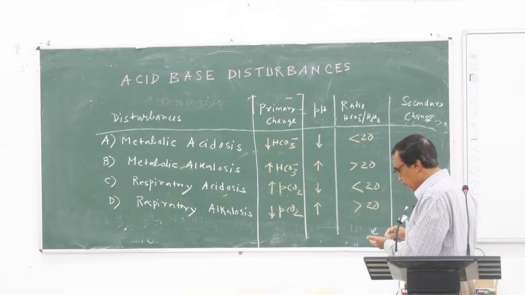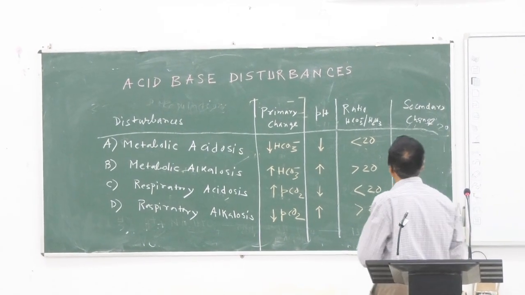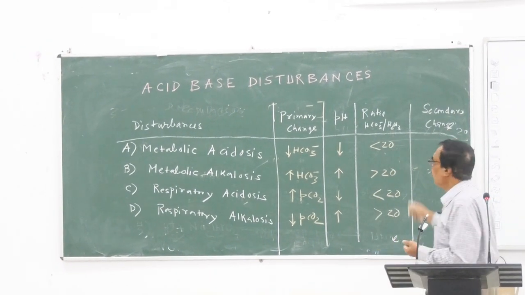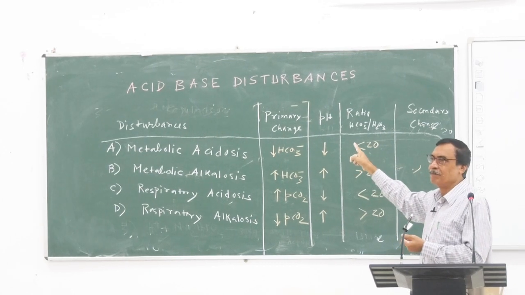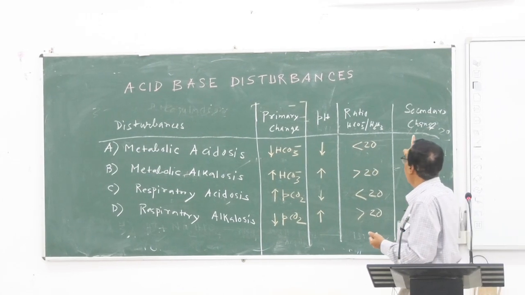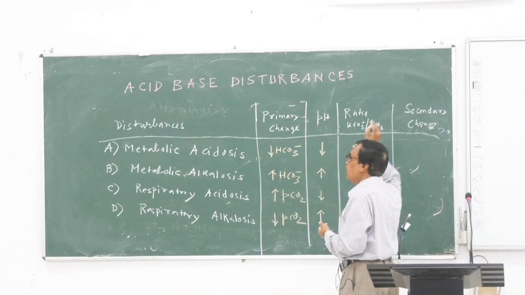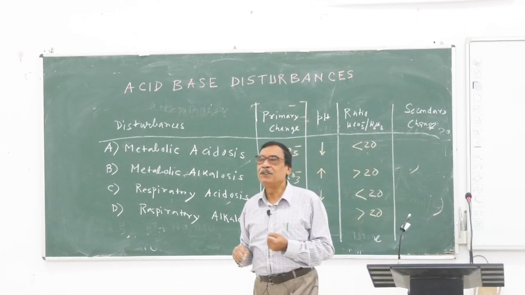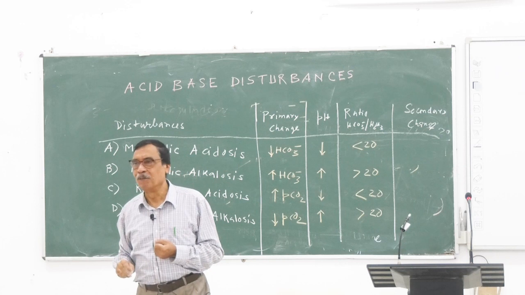Secondary change is an attempt due to primary change with consequence of restoring the pH towards normal.